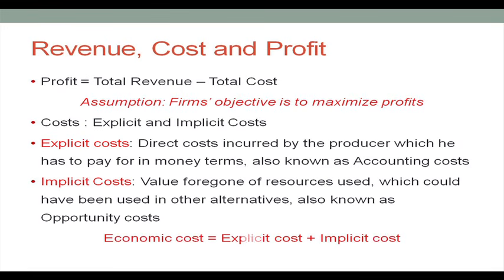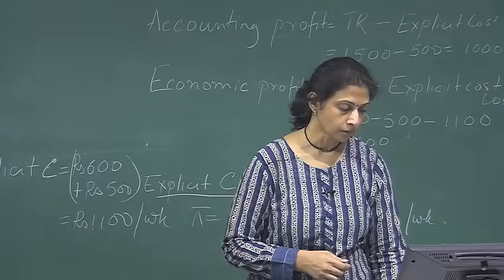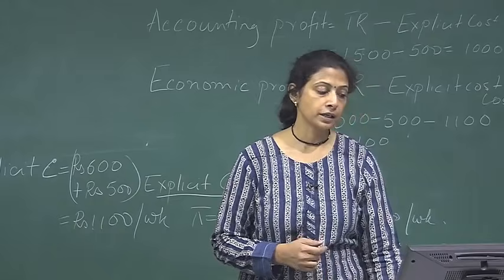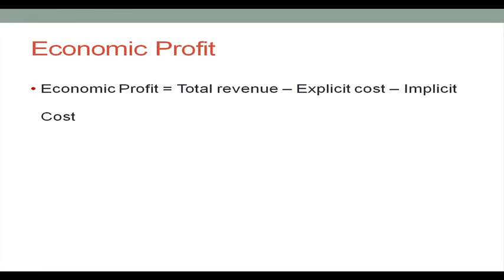So economic cost is equal to explicit cost plus implicit cost, and accordingly we define economic profit. So economic profit is equal to total revenue minus explicit cost minus implicit cost.